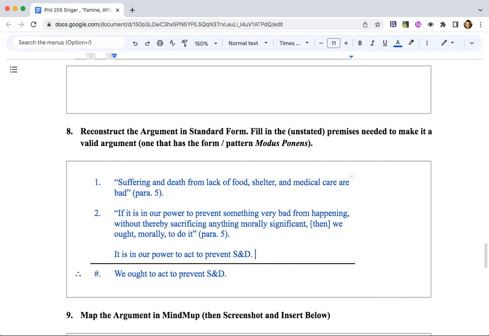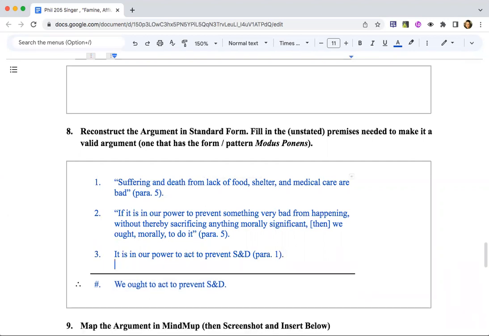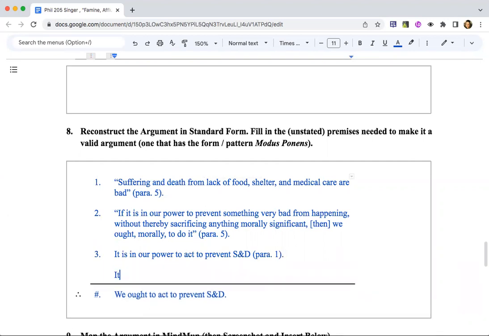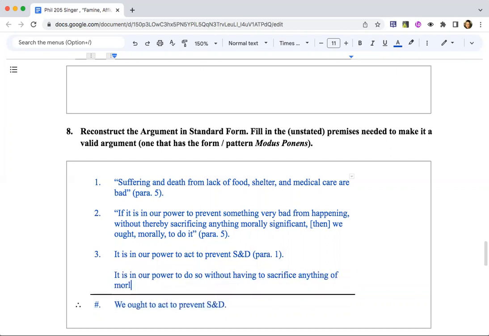So we might cite paragraph 1 as where we're getting this information. He certainly believes this, and that is highlighted in paragraph 1. And it is in our power to do so without having to sacrifice anything of moral significance.